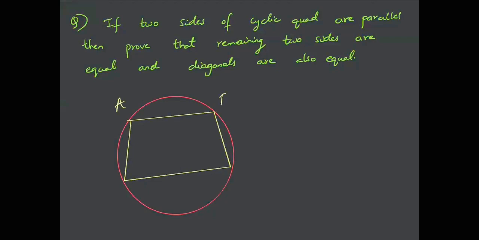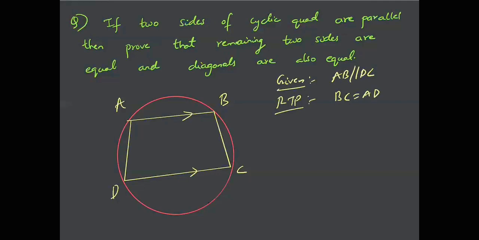Say this is your cyclic quadrilateral ABCD and AB is parallel to DC. So you need to prove that BC is equal to AD and AC is equal to BD. Diagonals are equal and the remaining two sides are also equal. Take 2 minutes of time, then we'll discuss.